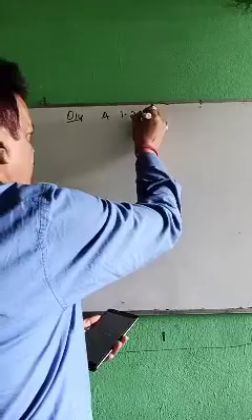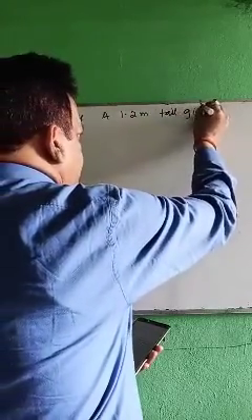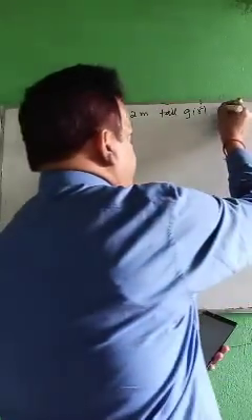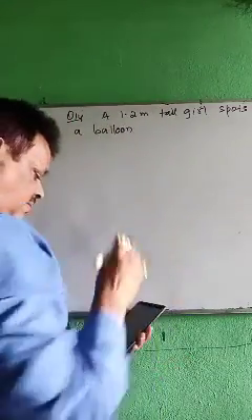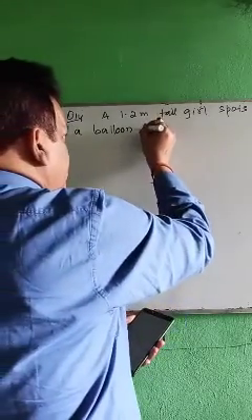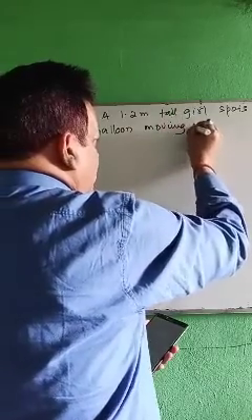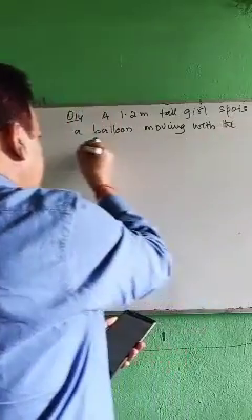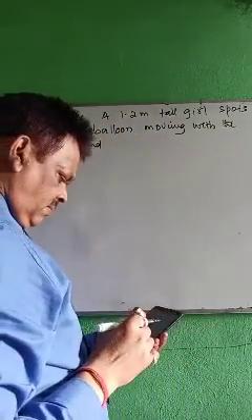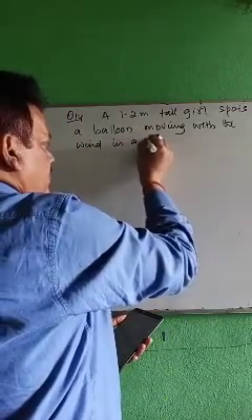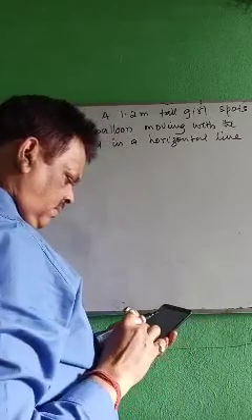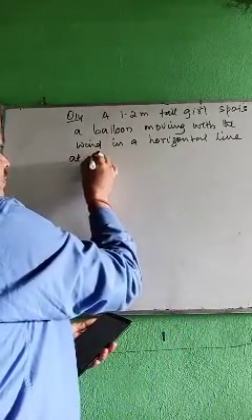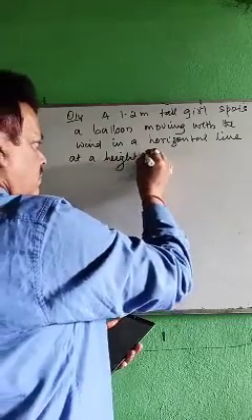A 1.2 meter tall girl spots a balloon moving with the wind in a horizontal line at a height of 88.2 meter from the ground.